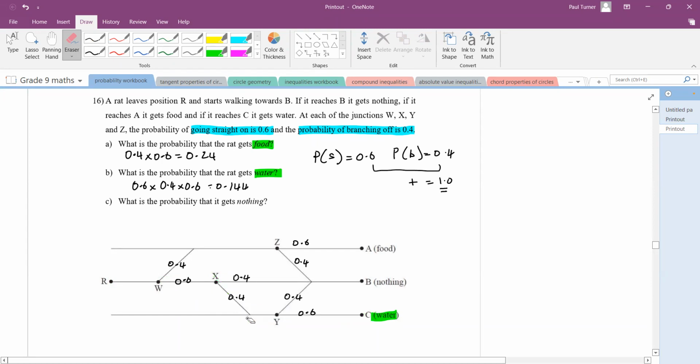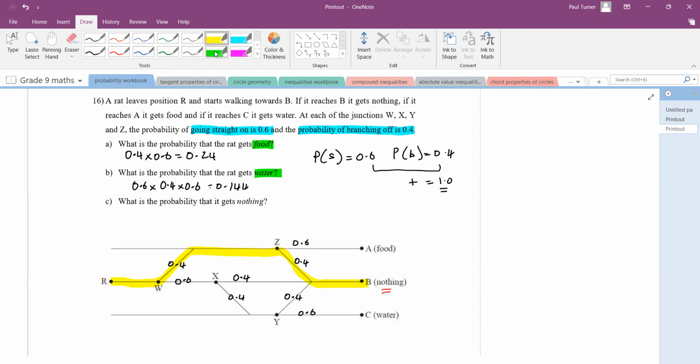Getting nothing. So how can we get to nothing here, this one? And there's more than one way in this one, isn't there? So think about that. So the rat could go up, across, then down. Okay, all the time going in the forwards direction. So that's the first way, the yellow way. The second way, I'll put in green. So in this case, he could just go straight.